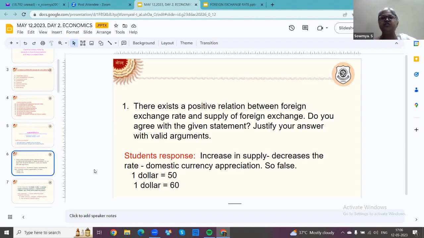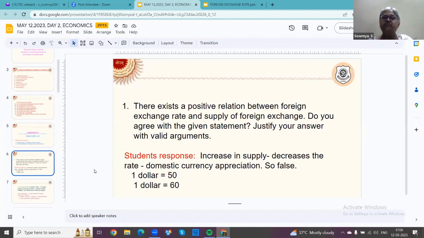The child has to write, yes, there exists a positive relationship between foreign exchange rate and the supply of foreign exchange. For example, then the child can give the numerical and say, okay, $1 is equal to 50 rupees. And now $1 is going to become 60 rupees, or rather the rate of foreign exchange has gone up from 50 to 60. So this is going to make exports very cheap.